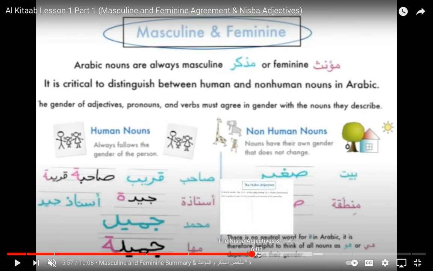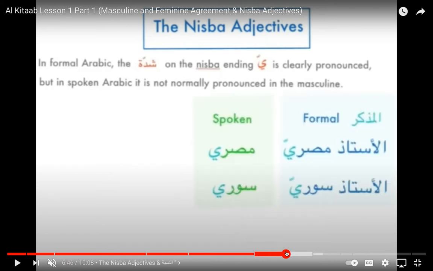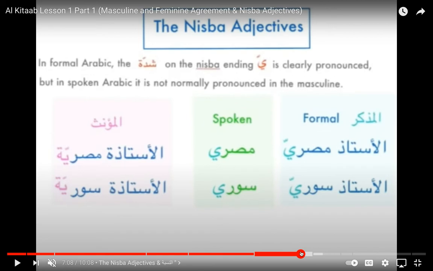Let's move on now to something very important, which is al-nisba, and I want to show you all of this first. So now the nisba adjectives. When I say the nisba adjectives, meaning the nisba is part of adjectives, but they are adjectives that talk about nationalities.